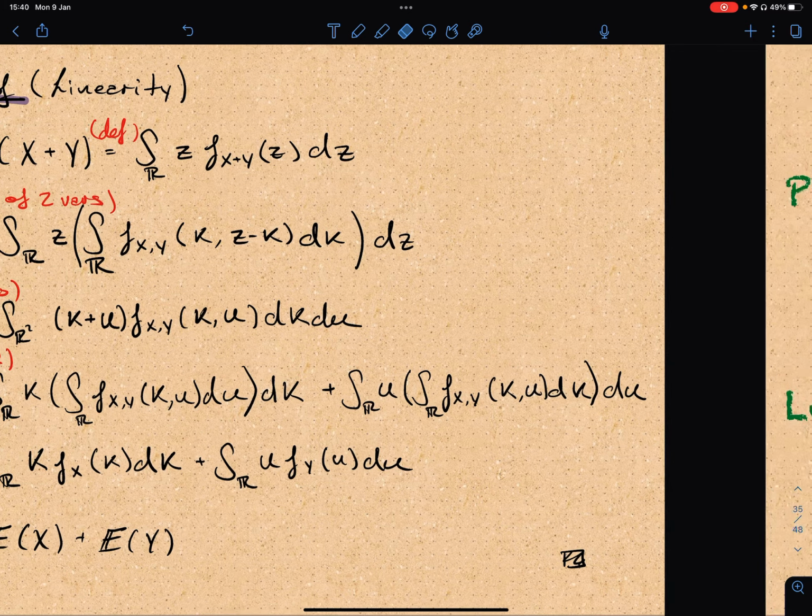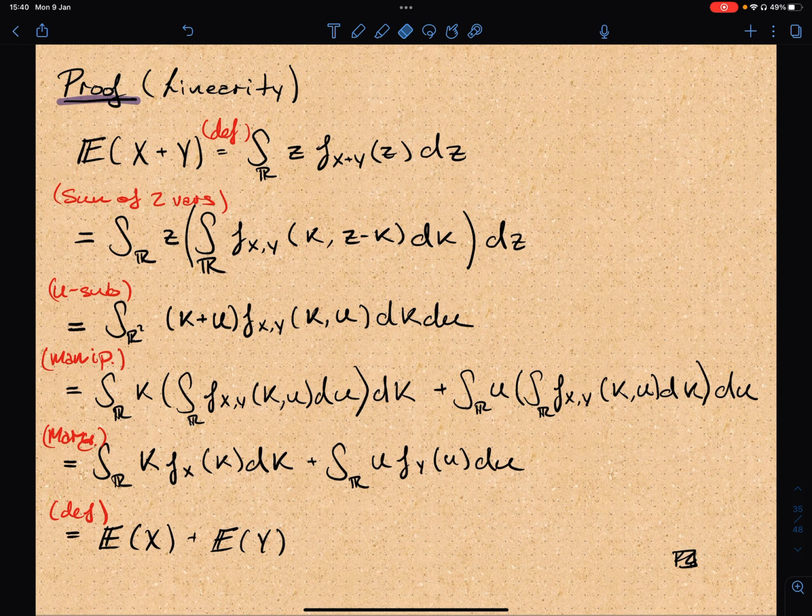Now, I'm going to wrap up this lecture with the proof of linearity. For this proof, we really needed the joint density function, and I'm proving it for the continuous case. The discrete case works similarly.